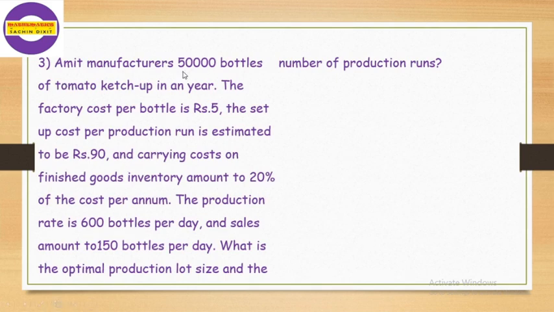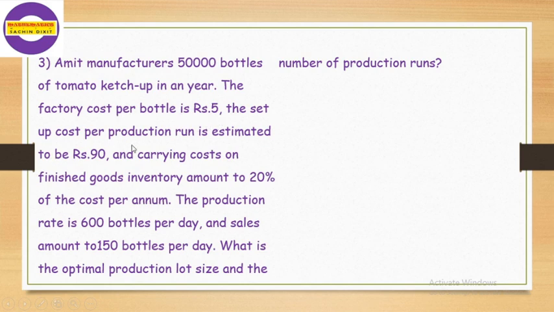Amit manufactures 50,000 bottles of tomato ketchup in a year. The factory cost per bottle is rupees 5.